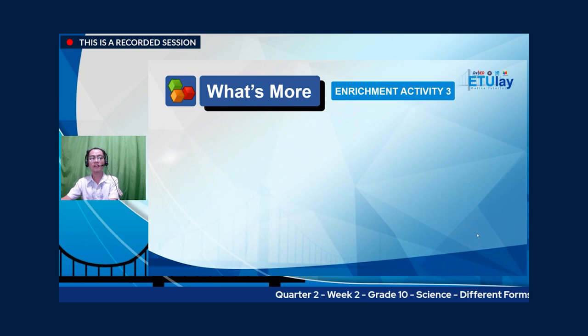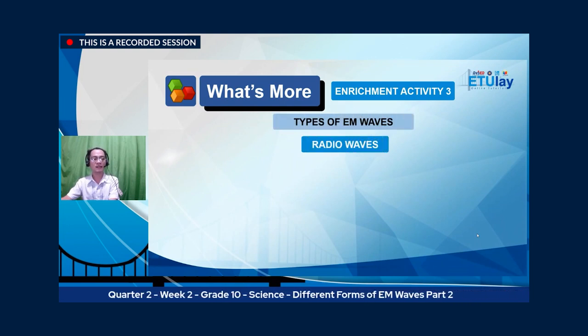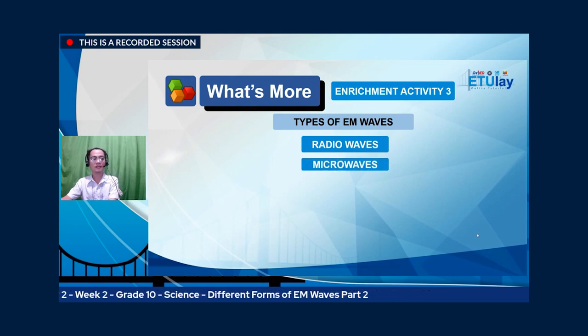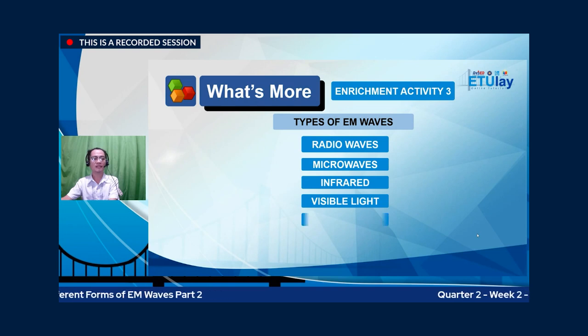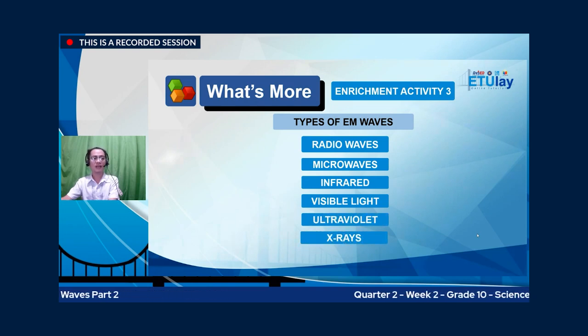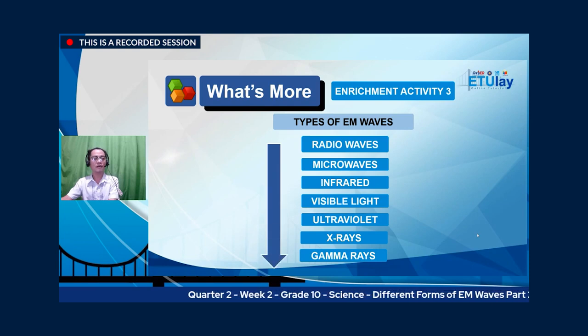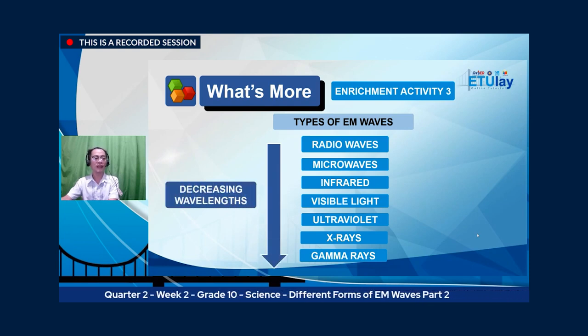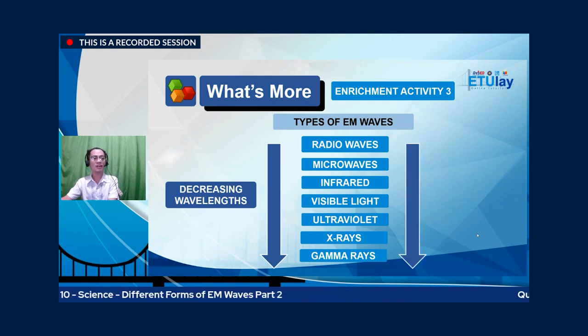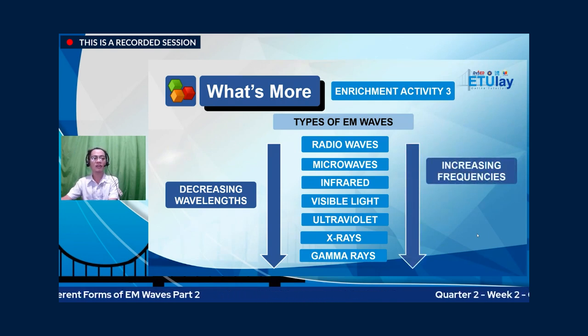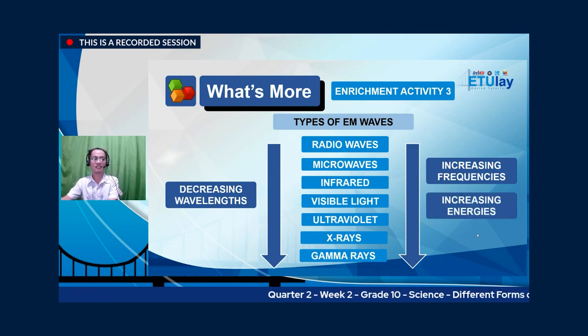As a summary of all trends, these are the types of electromagnetic waves: radio waves, microwaves, infrared, visible light, ultraviolet, X-rays, and gamma rays. Tandaan, ito po ay may decreasing wavelengths. Pagdating naman sa frequencies and energies pababa, increasing frequencies and increasing energies.